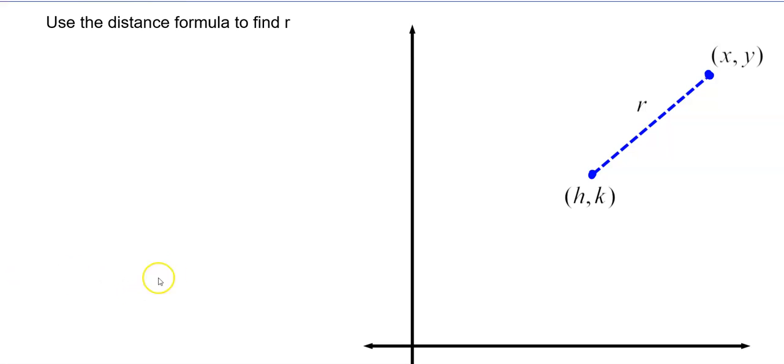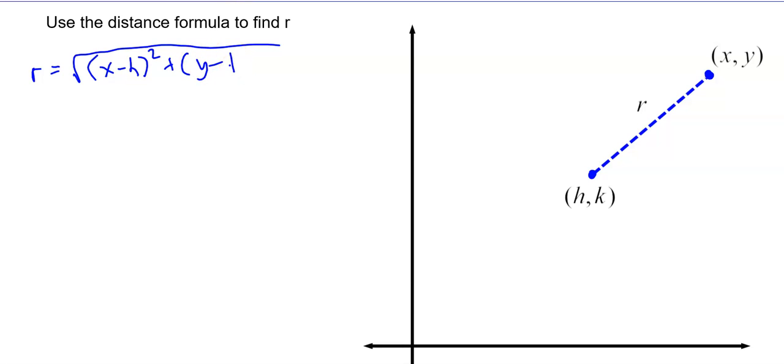Going back to yesterday's lesson just for a minute, we could derive the circle formula if we used the distance formula. So remember the distance formula, d, in this case r: r equals the square root of x2 minus x1, so that would be x minus h squared, plus y2 minus y1, so y minus k squared.